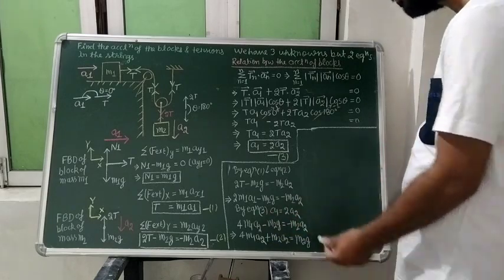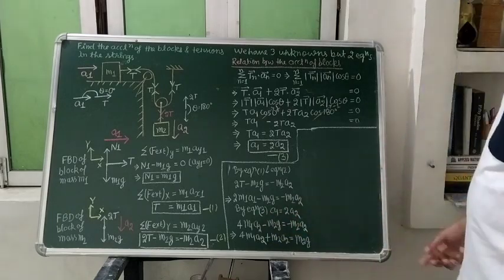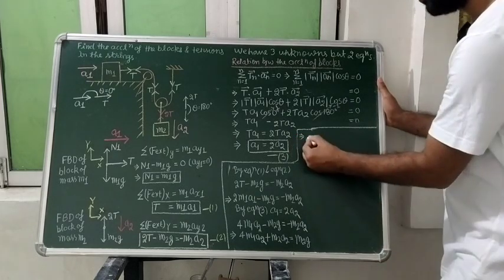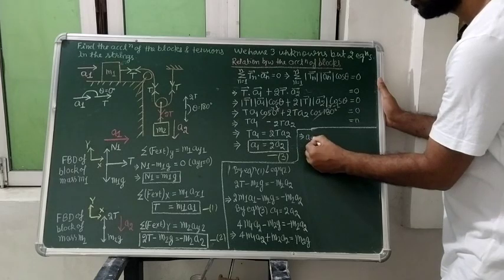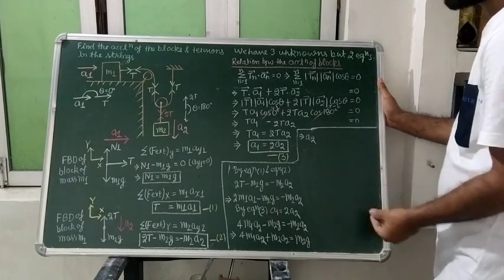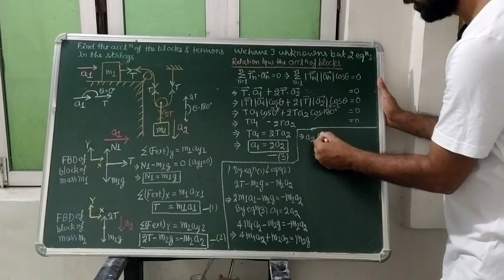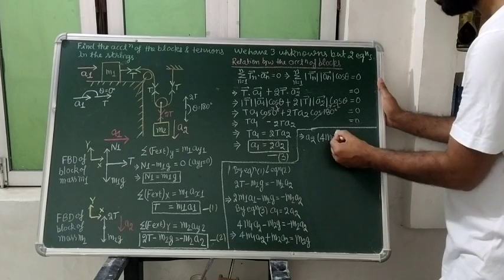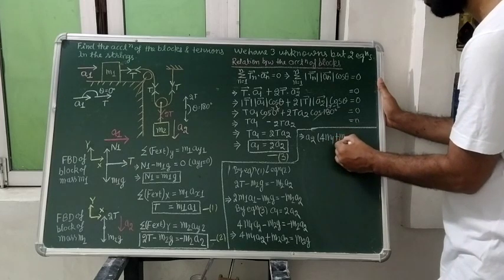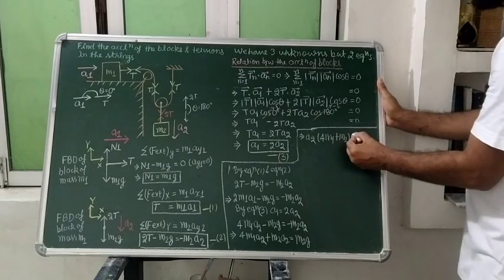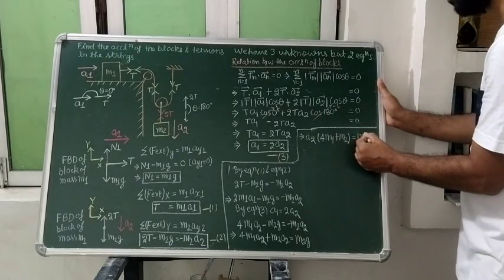So from the left side, students, what can you do? You can take out this a2 common. So when you take out this a2 common, here you will get 4m1 plus m2, and on the right side there will be m2g only.